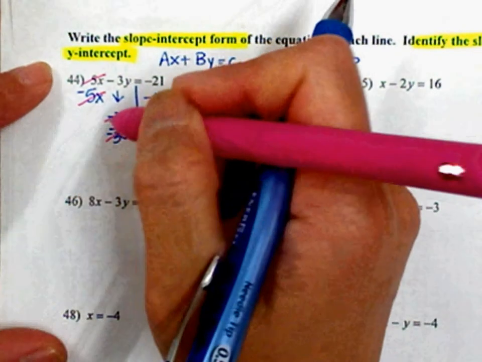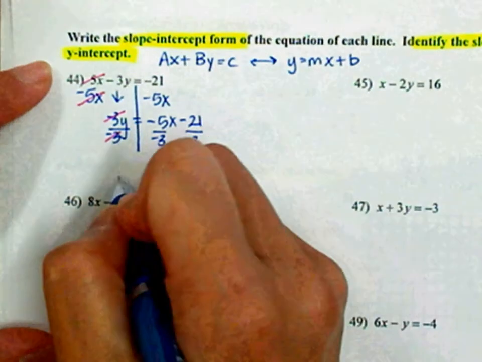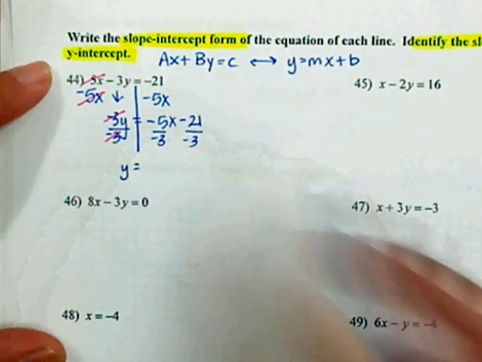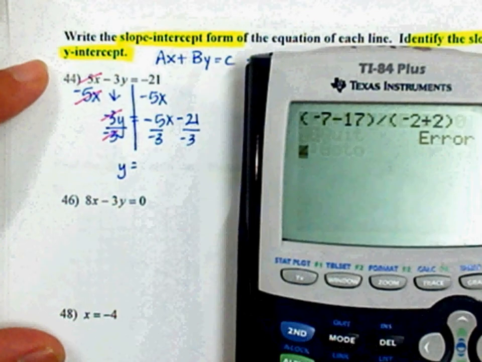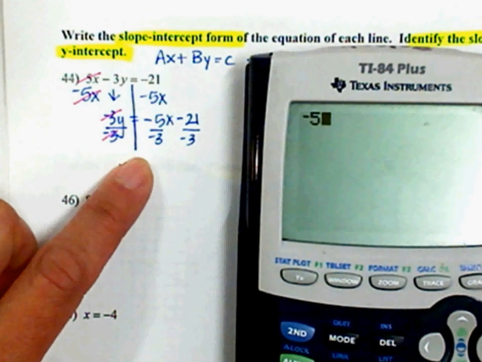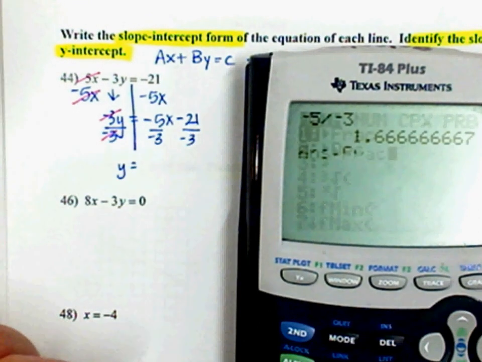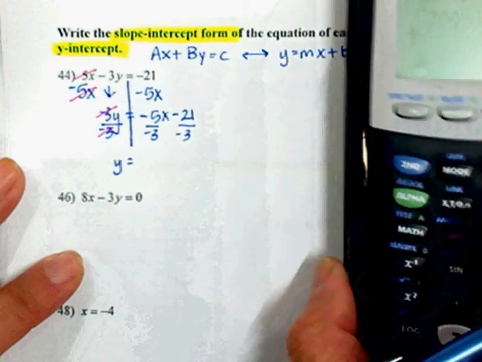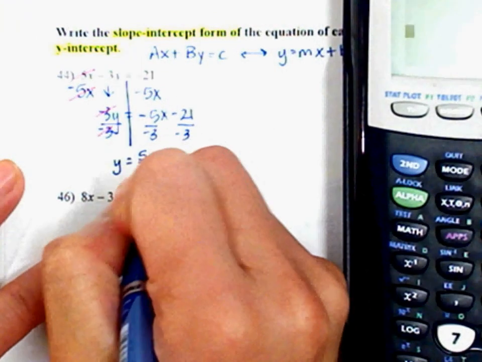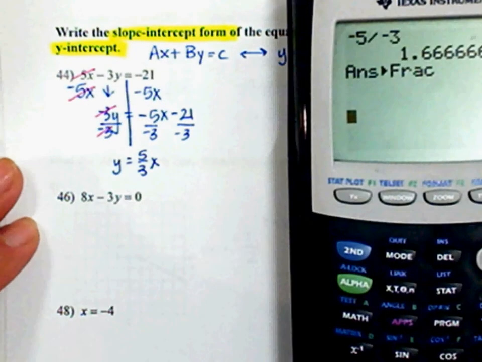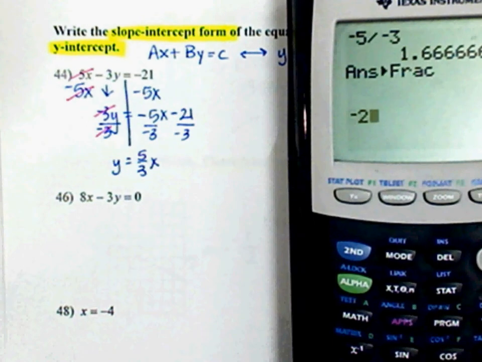Okay? So you have left is y equal, okay, -5 divided by -3 is the same as 5 over 3 x, okay. -21 divided by -3 comes out to be a positive 7.